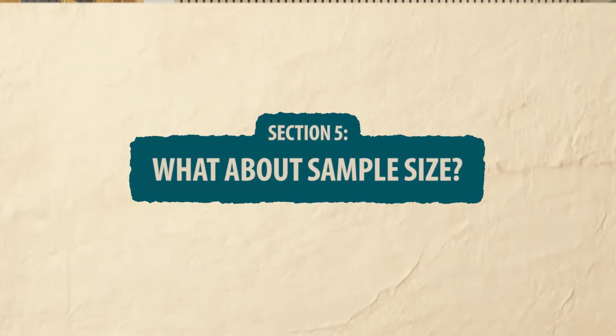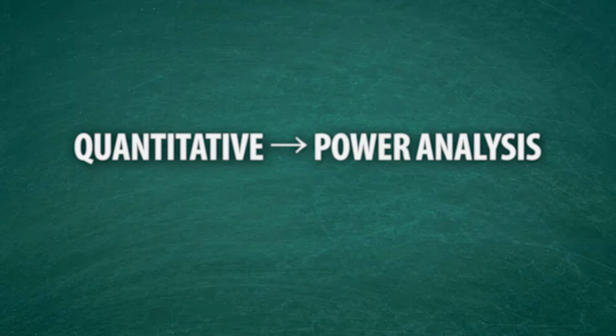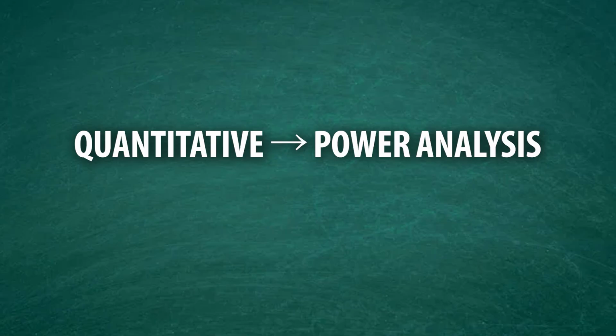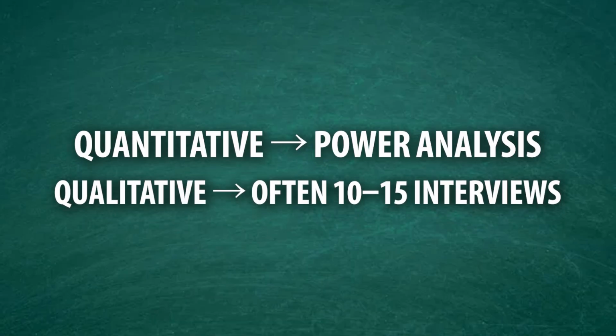Now, if there are people out there who have questions, I'm open to hearing. In a typical quantitative study, you're typically going to use a calculation, G-power calculation, to find out what the appropriate sample size is. On the qualitative side, we range 10 to 15-ish is typical for a qualitative sample size.